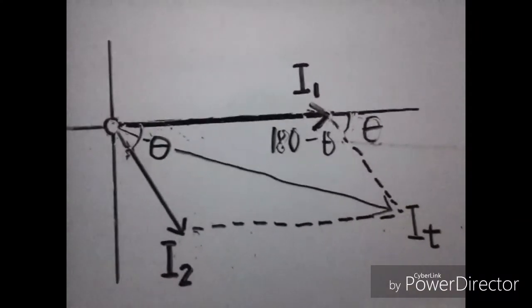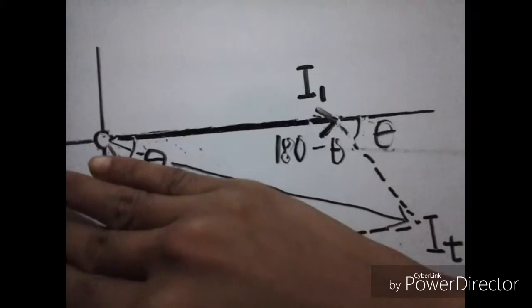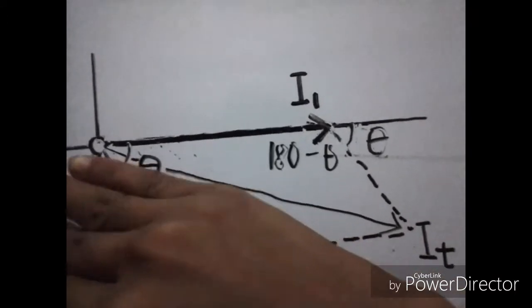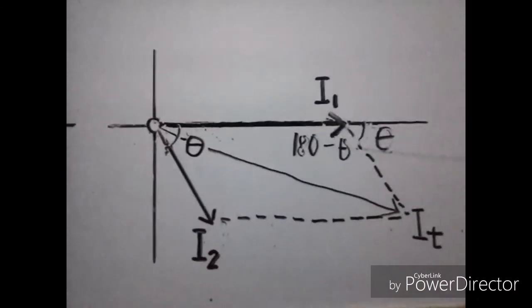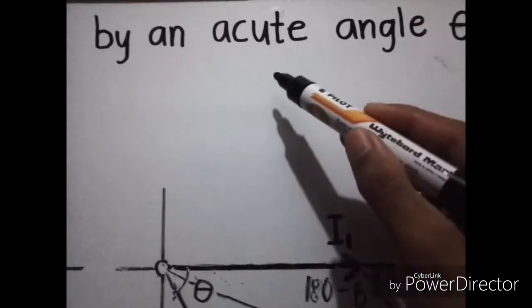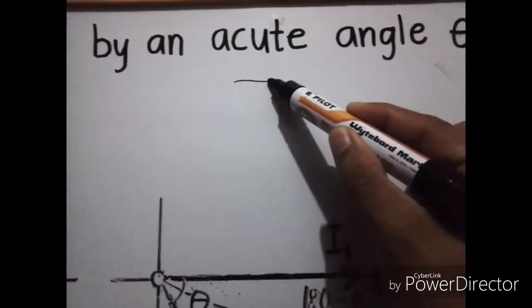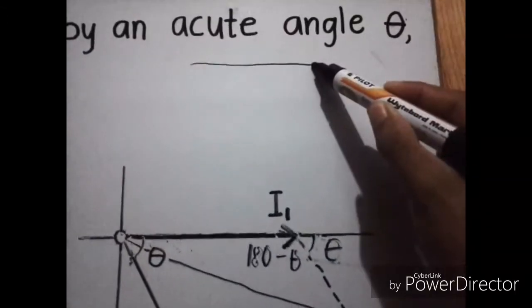So let us now focus on this triangle right there. Erase this one in your mind. Now we have formed a triangle, an obtuse triangle.